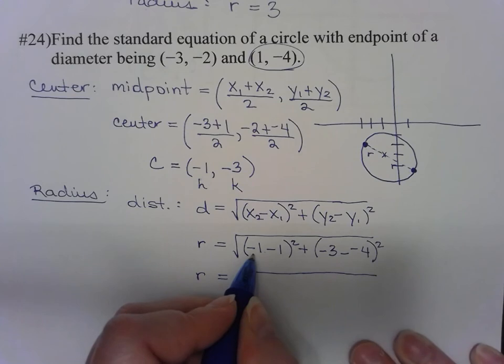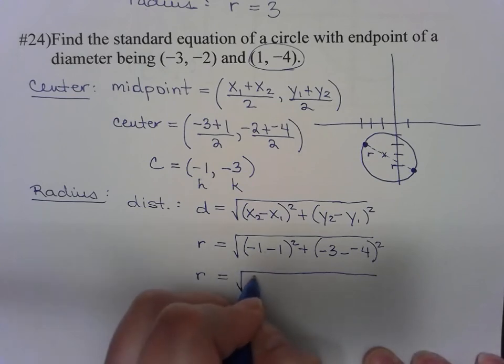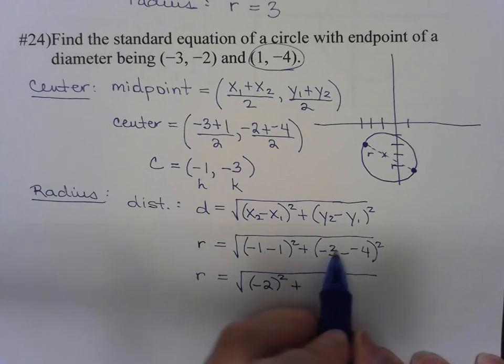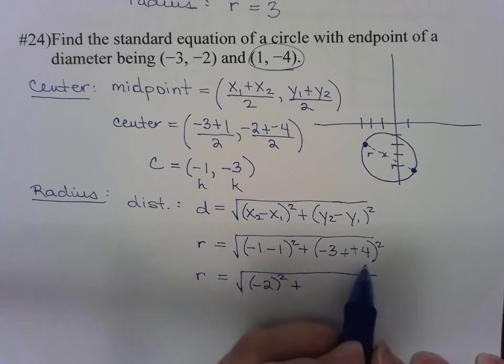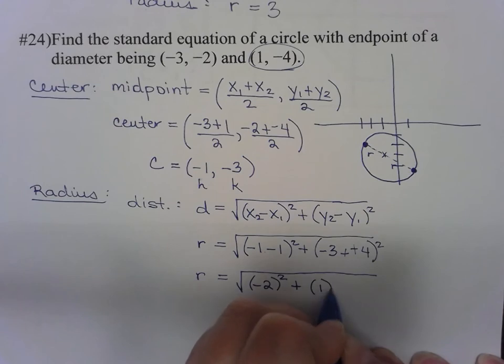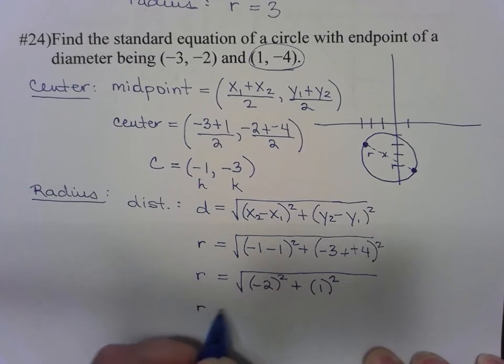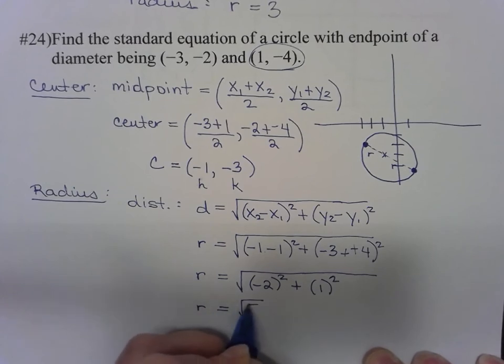So this will be -2 squared plus, this becomes a plus, this will be 1 squared. So the radius will be, this is 4 plus 1. The radius will be the square root of 5.